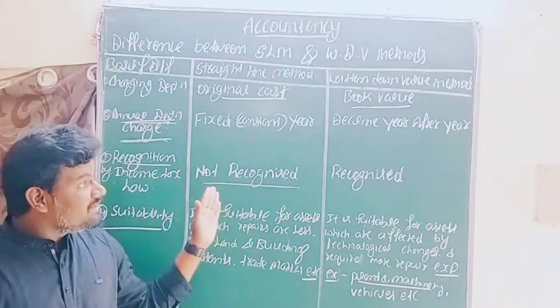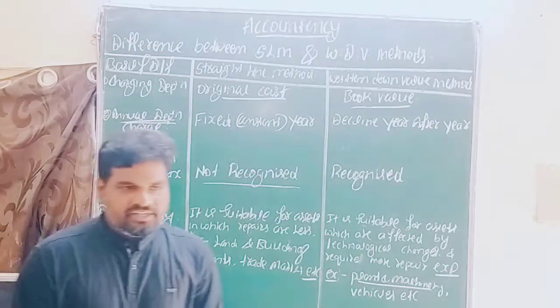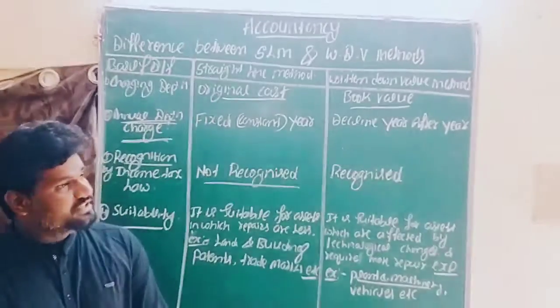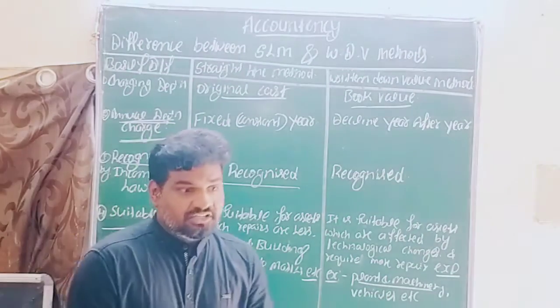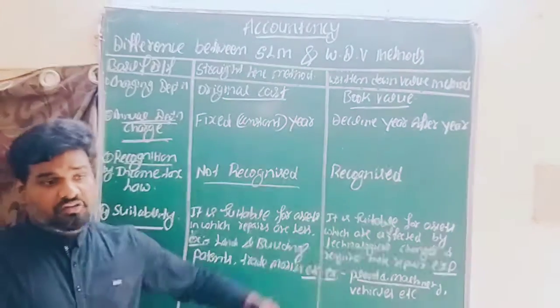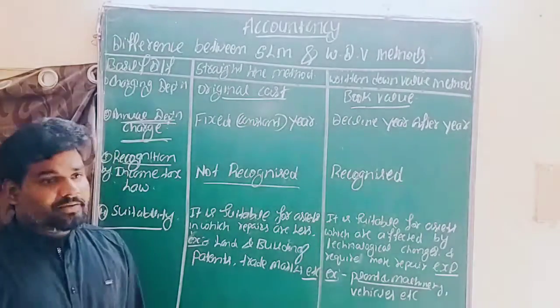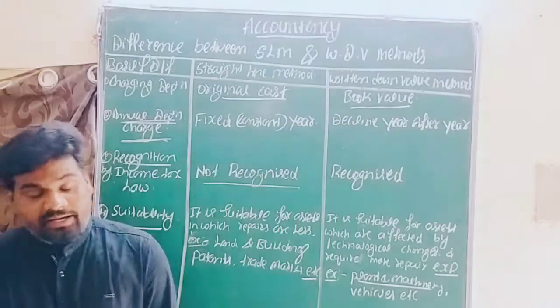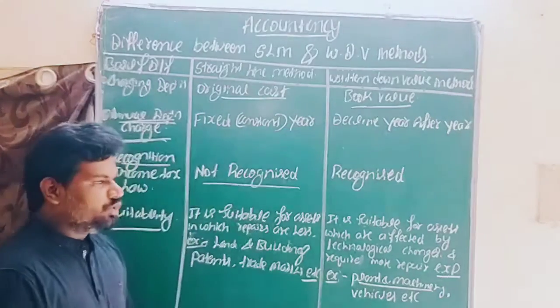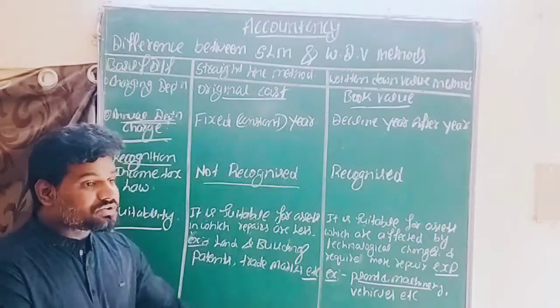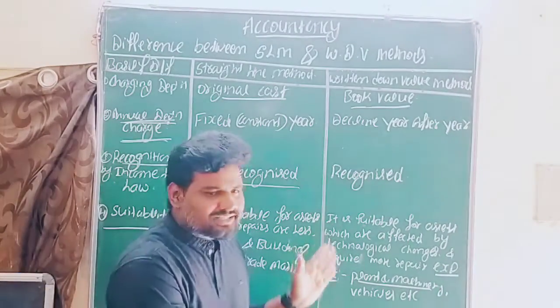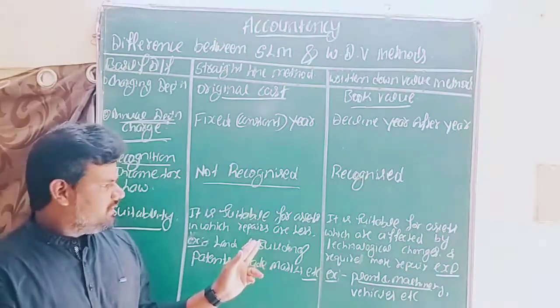Under the straight line method, the amount of annual depreciation is constant, and depreciation is calculated on its original cost only. It is not recognized by the tax law, and it is suitable only for assets which incur less repair charges in the years.